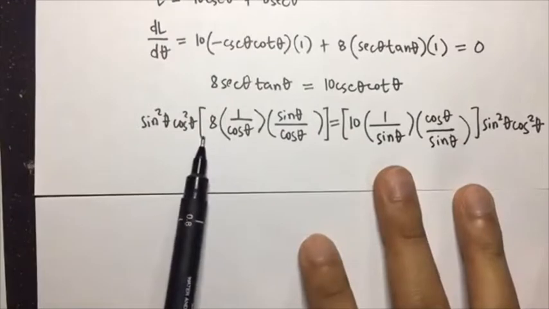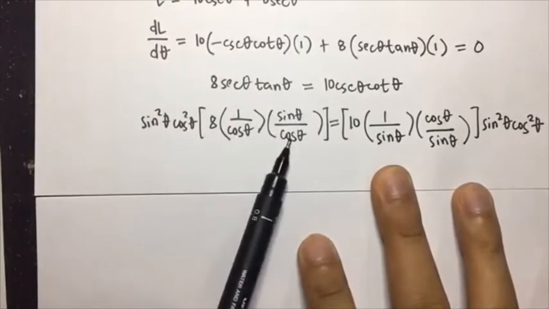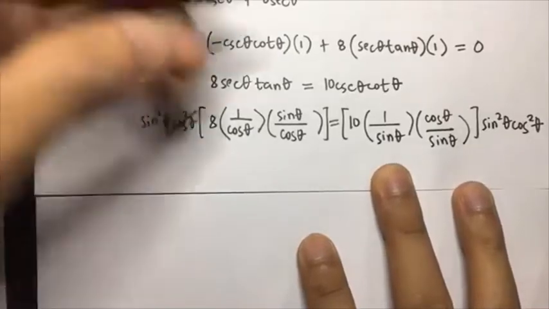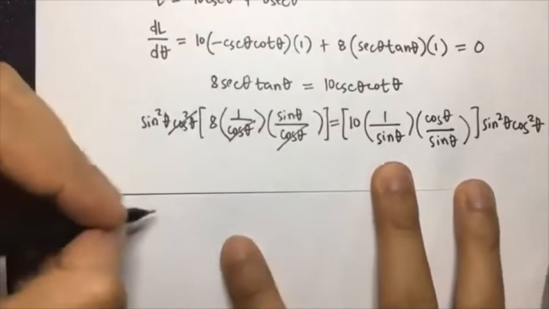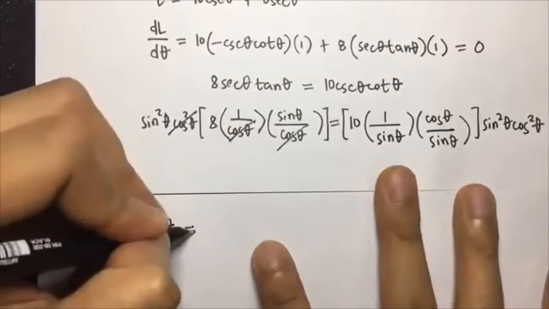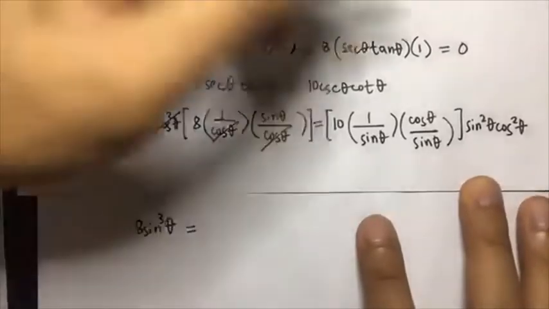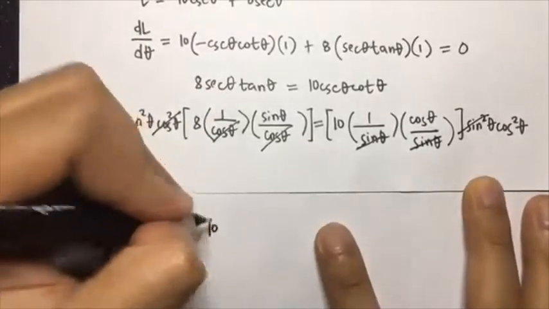Okay, so what will remain here is, we can cancel out cosine squared theta. So what will remain is 8 sine cube theta is equal to, on the other side, we can eliminate sine squared. So what will remain is 10 cosine cube.